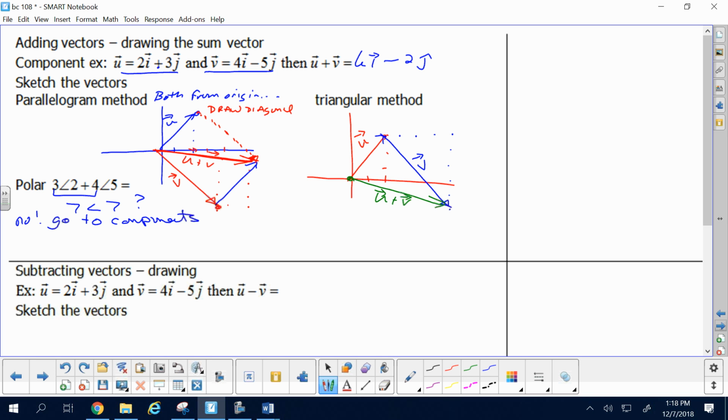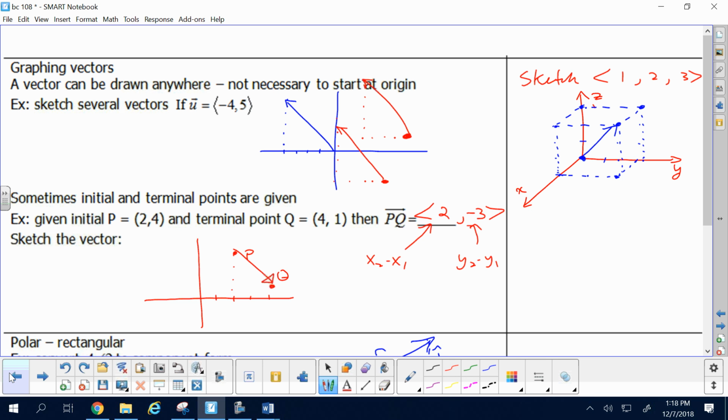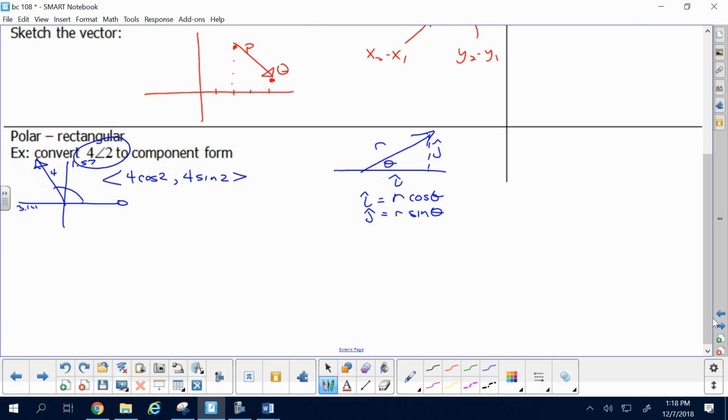Now, if you were to add this in components, what's the horizontal component? How would you find the horizontal component to that first vector? Okay, let's go back here. When I had the vector 4 at an angle of 2 radians, what was the horizontal component? 4 cosine 2, right?